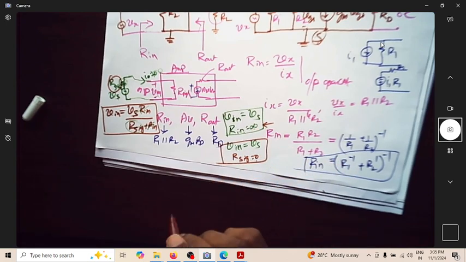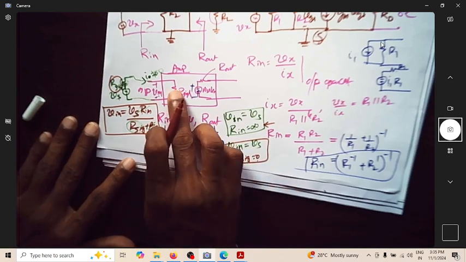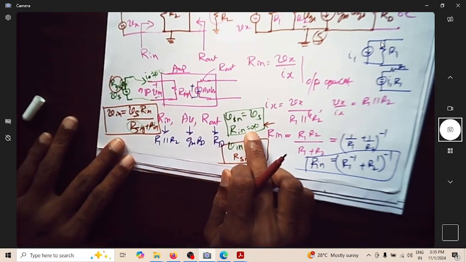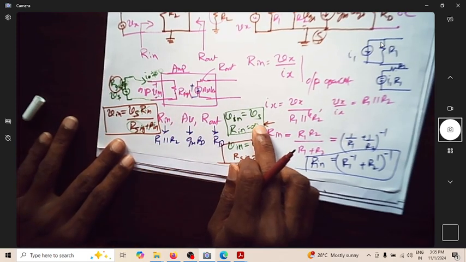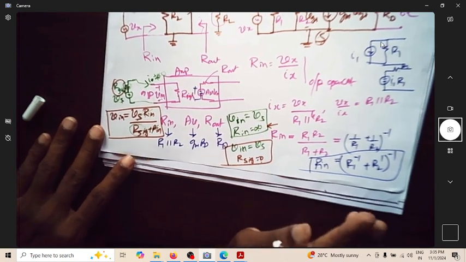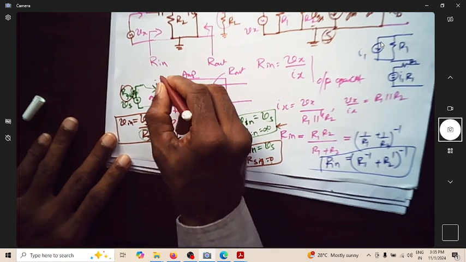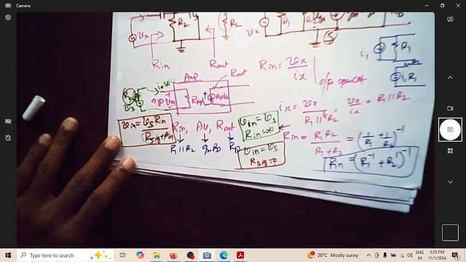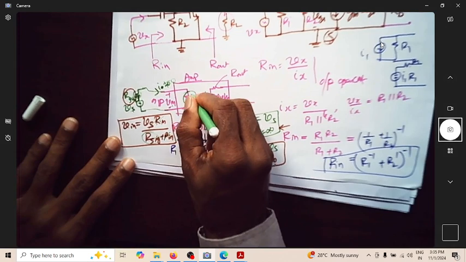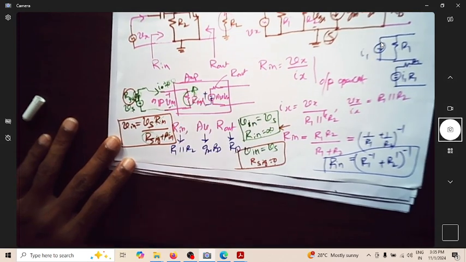So an ideal amplifier is one that should have an input impedance of infinite. Then what is the typical amplifier? A typical amplifier is one whose Rin should be as high as possible.